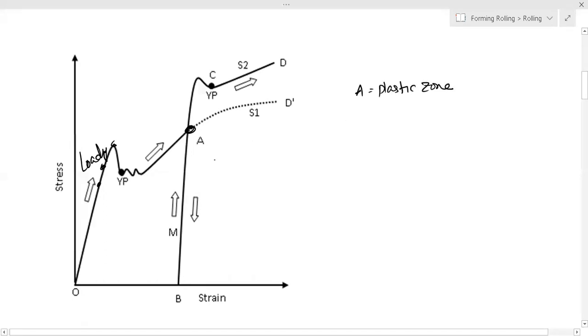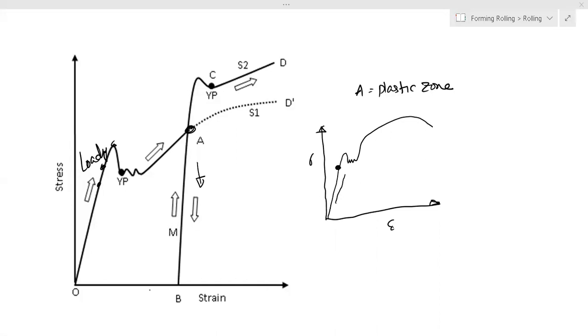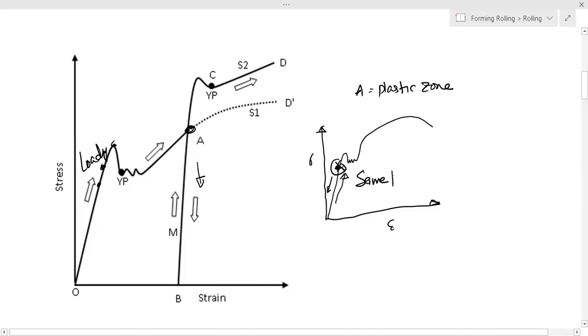Now you release the load. If you load up to the elastic limit and unload it, it will follow the same path.